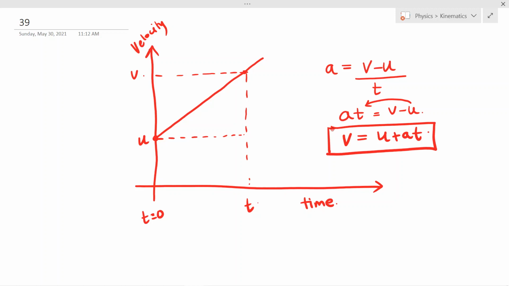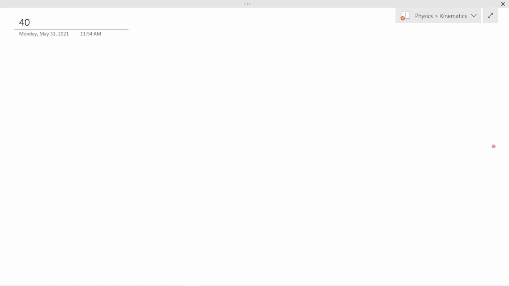There is one more way to prove this result. It is using calculus. We know already that a is equal to the rate of change of velocity, so it is given by dv by dt. Now I can take this dt over here, so this becomes a dt is equal to dv. Now let's integrate this.